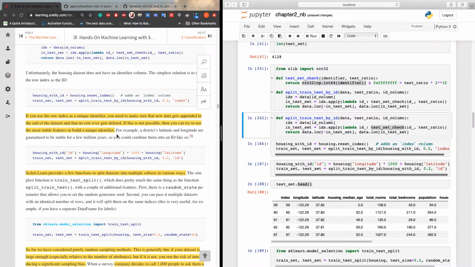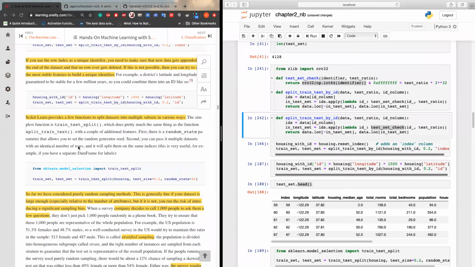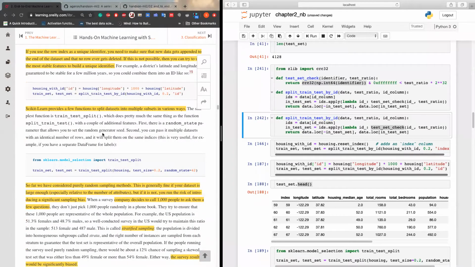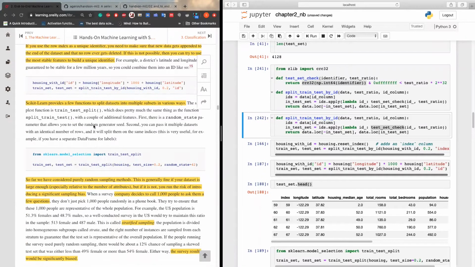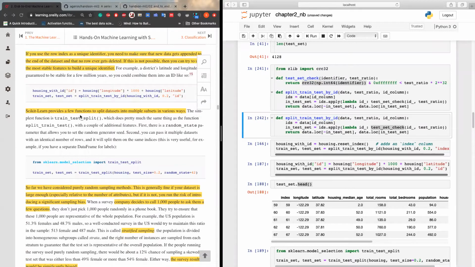You can always retrieve that, which is a better idea than just saving the data sets, like he was talking about before. So we're thinking in terms of a model that is continuous or at intervals taking in new data, and this is a mechanism to make sure that it's repeatably assigning the data into training and test sets.